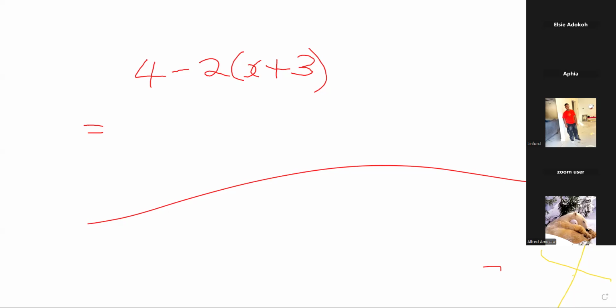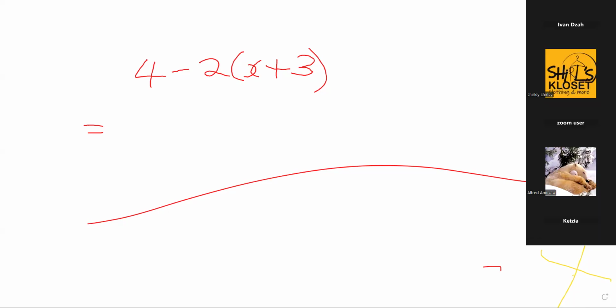Okay. Zoom user, what's your answer? Who is Zoom user? Okay, let's look at this. Linford, stop writing on the screen. Okay, sir, hand is up. My answer is 2 times 3x.